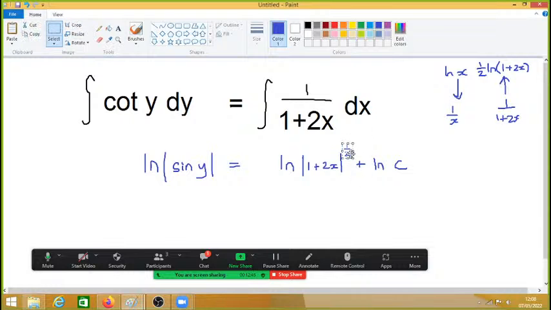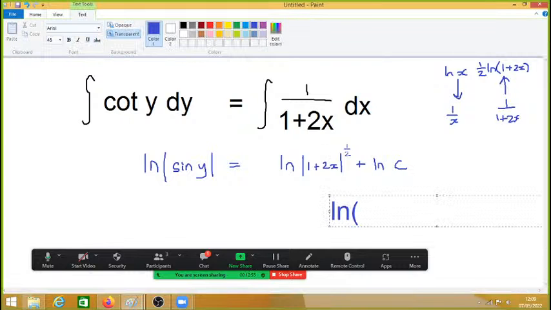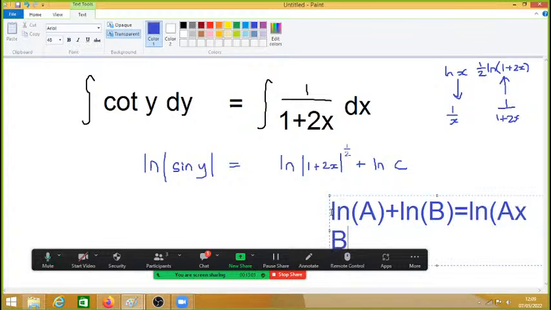And then plus, when you're adding two logs together, if you remember the rule, natural log of A plus natural log of B can be shortened to the natural log of A times B. So we can use that rule here.